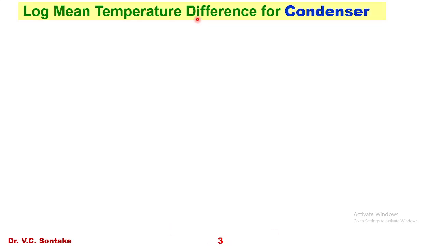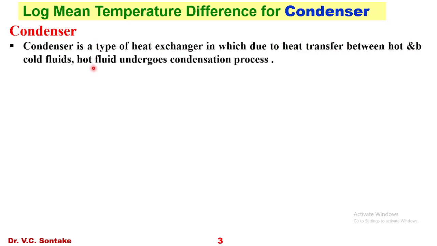Log mean temperature difference for condenser. So what do you mean by condenser? Condenser is a type of heat exchanger in which, due to heat transfer between hot and cold fluids, hot fluid undergoes condensation process.